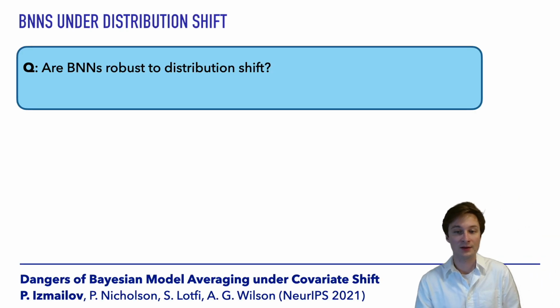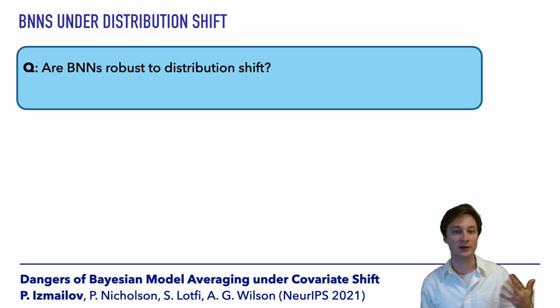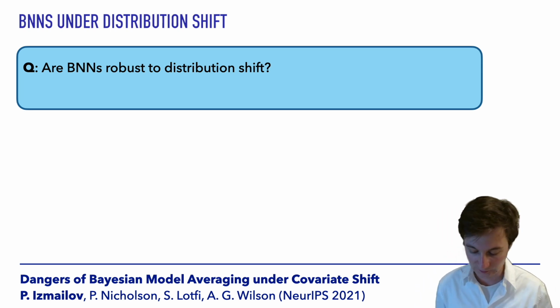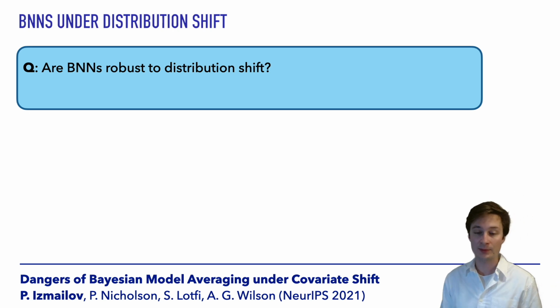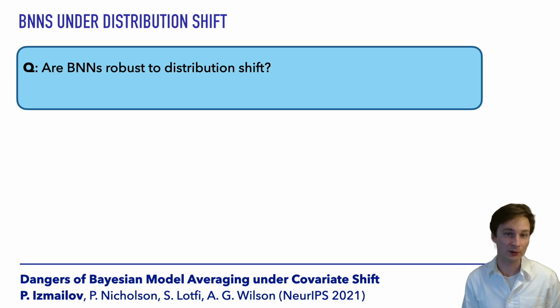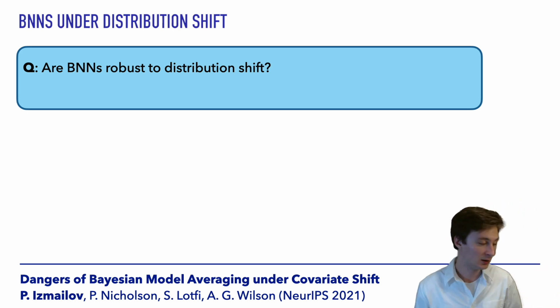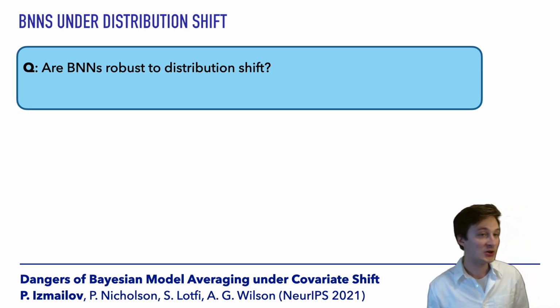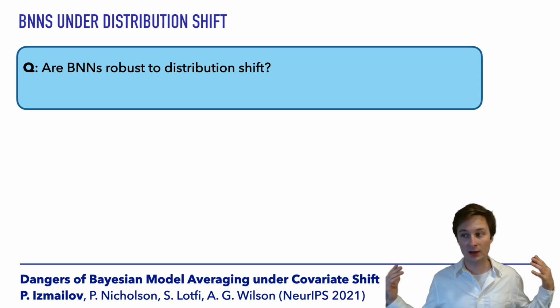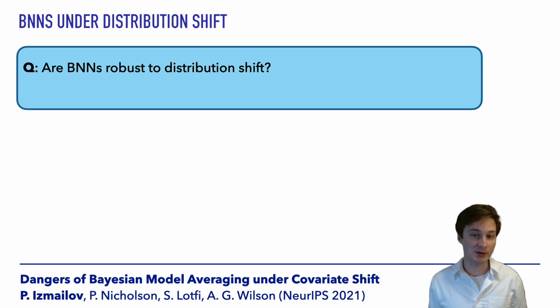And then the question is, what can we expect out of Bayesian neural networks when the data distribution is shifted? The intuitive assumption in the community for a while has been that Bayesian neural networks should be quite robust to distribution shifts. And I think the reason for that is that Bayesian neural networks are not just betting everything on a single solution, and instead they are collecting many possible explanations for the data, as we discussed, and they're combining all of them together to get the final predictions.